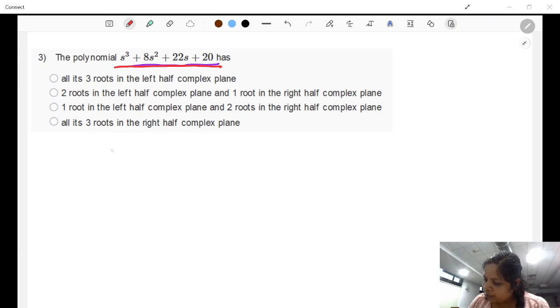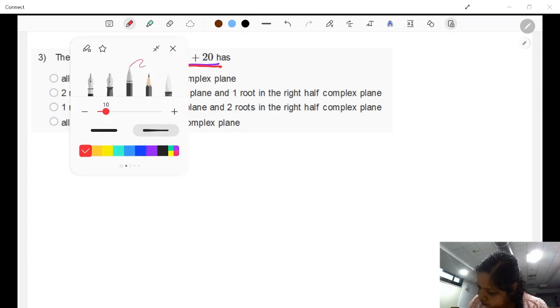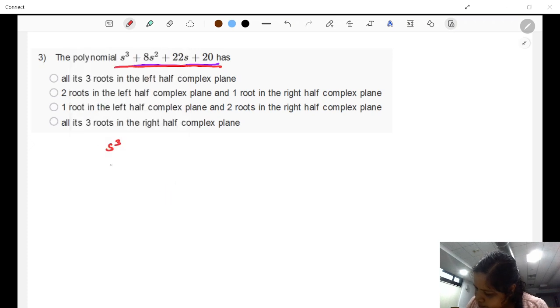We'll write it in order: s to the power 3, s to the power 2, s to the power 1, s to the power 0. I'll write it again with some gaps because some calculations have to be done.